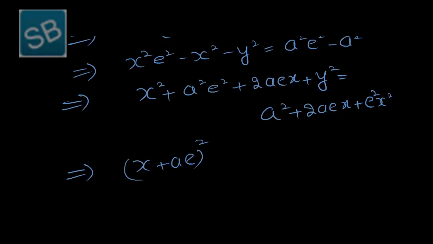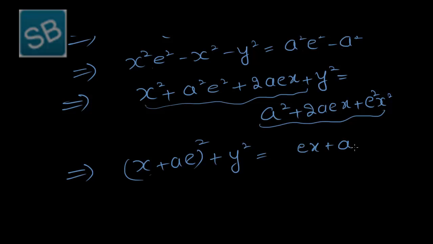We keep x square e square as it is, plus a square here, and we add 2aex on both sides to make it a perfect square, and here x square plus a square e square and plus y square, to make this term a perfect square, which is equal to ex plus a whole square.